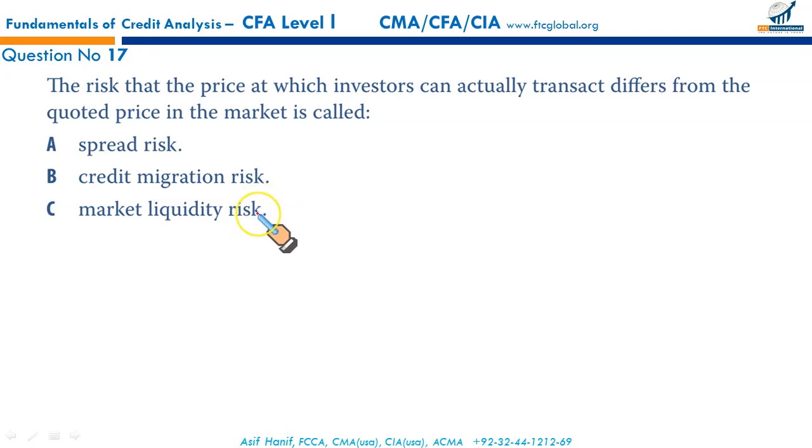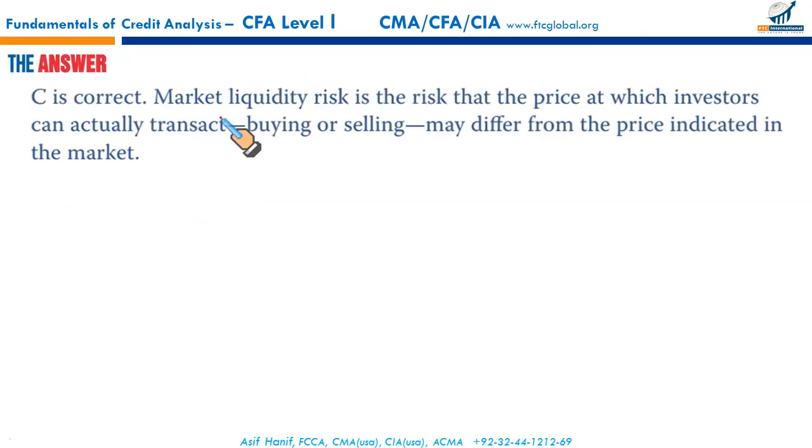The market liquidity risk is the risk that the price at which an investor can transact, buying and selling a particular bond, may differ from the price indicated in the market. And that's exactly what we're looking at. The risk that the price at which the investors can actually transact, buy or sell, differs from the quoted price in the market is called the market liquidity risk. And that gives you C as our correct option.